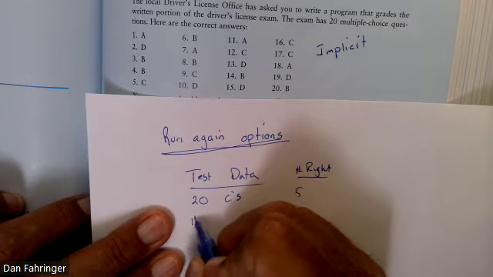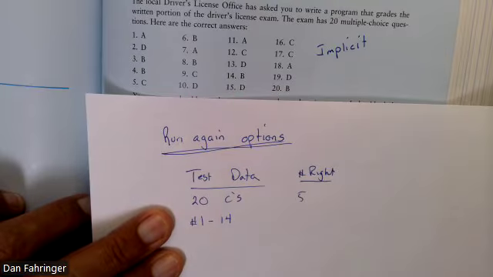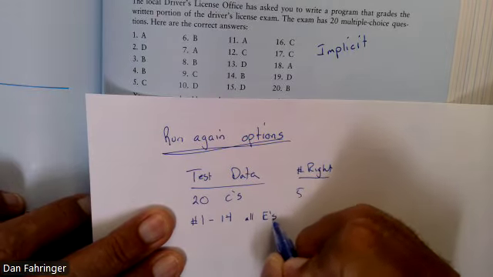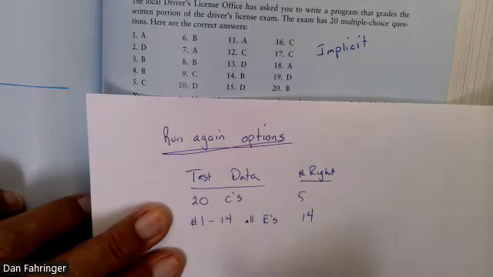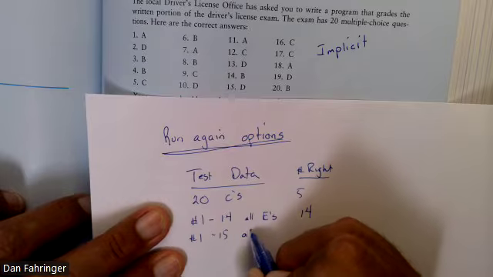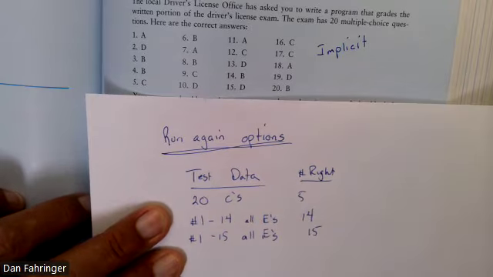I'm going to do numbers 1 through 14, A, D, B, B, C, B, A, B, C, D, A, C, D, B, and then all E's. That would give me 14 correct. What if I do numbers 1 through 15 and then all E's? That should give me 15 correct and I should pass.